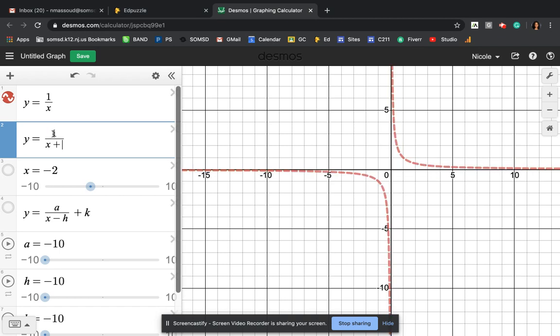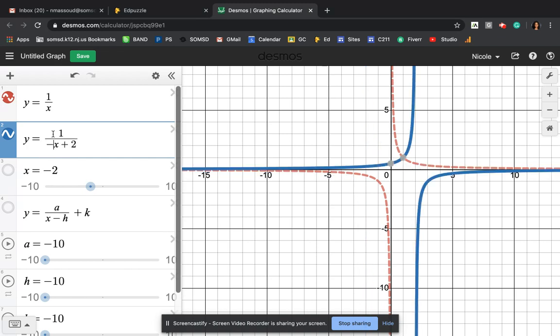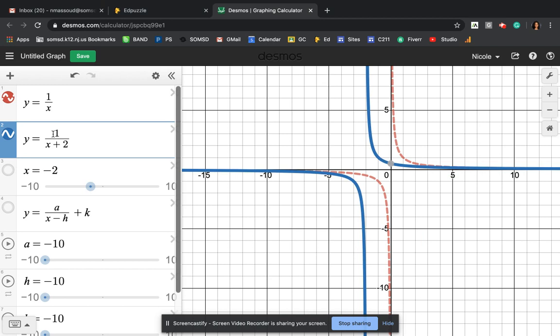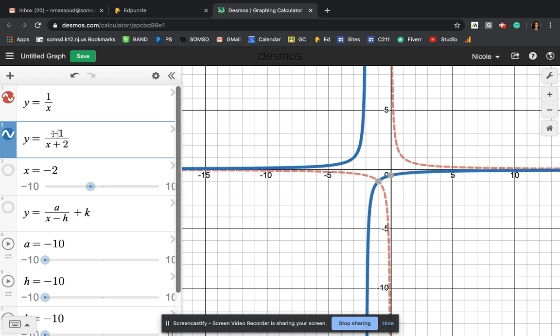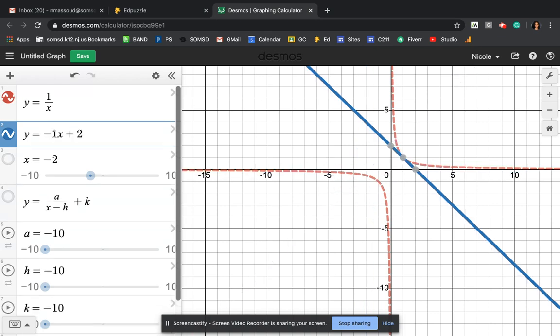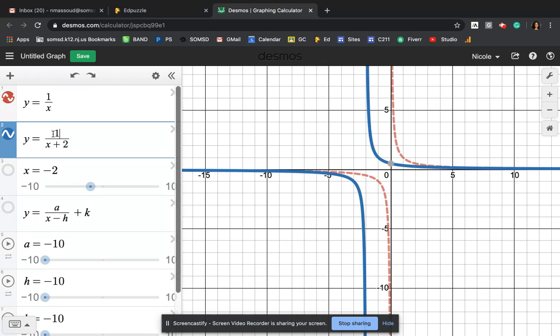However, if I have a +2 here, and I now make this negative, when you make x negative, it is flipping over the y-axis. Look at the difference. See how it flips? Versus if I do this here, you see how now it's flipping over the x-axis. There's your x-axis flip, not your y-axis flip.